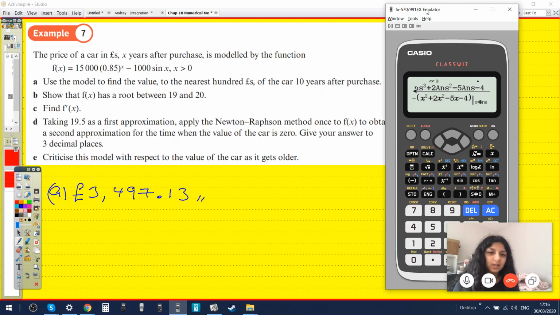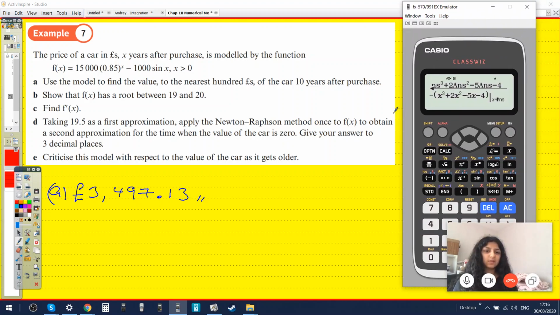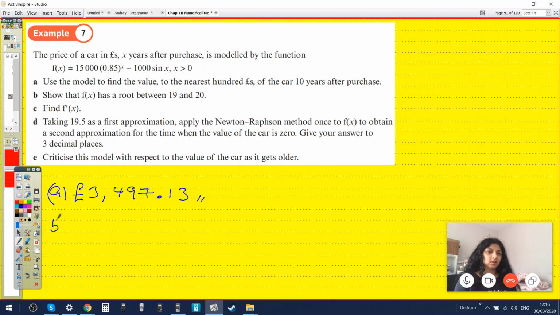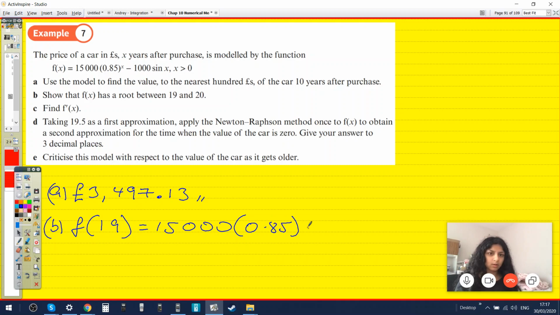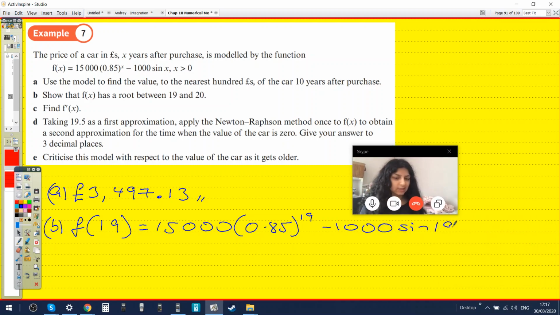Show that f(x) has a root. Okay, so you just have to put in 19 and 20. So for f of 19, it's 534.1.